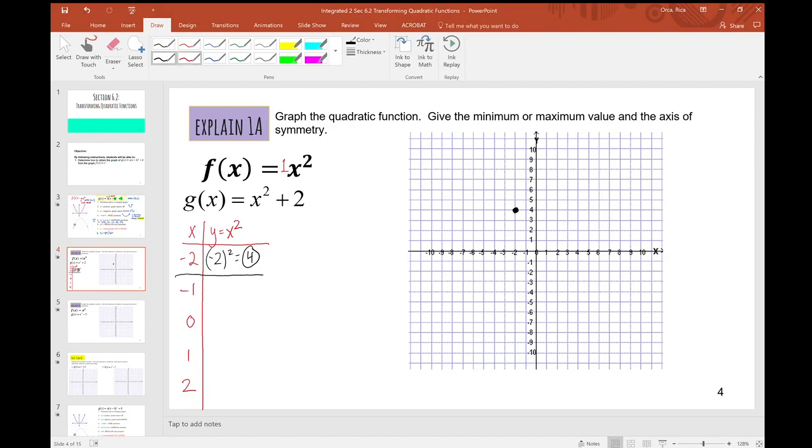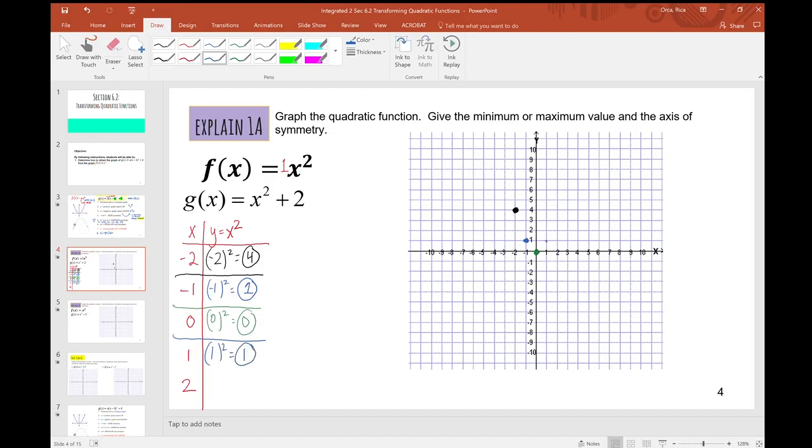When x equals -1, we'll get -1 squared. -1 squared is 1. So my second point is at -1, 1. When x equals 0, y will equal 0 squared. 0 squared is 0. When x equals 1, y will equal 1 squared, which is 1.